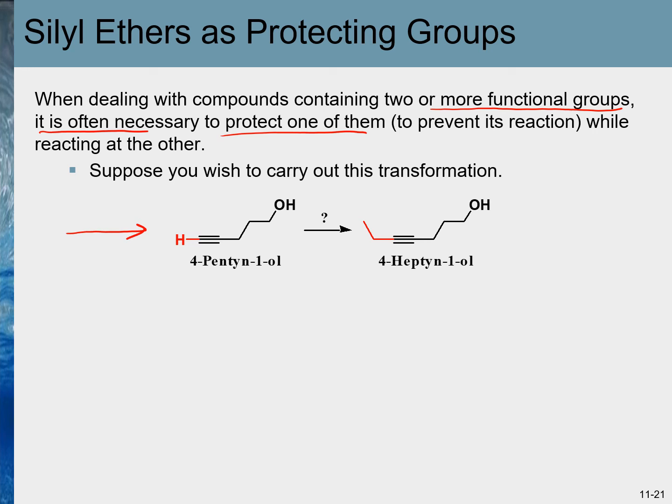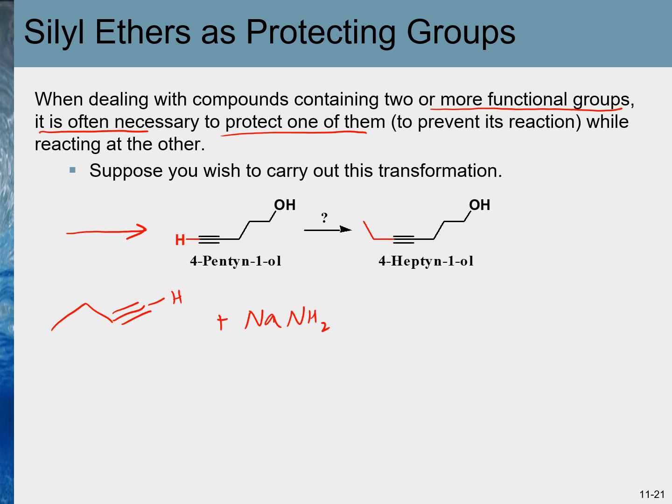Now, this reaction is similar to the reaction which we studied in the chapter on alkynes. In chapter 7, we learned that terminal alkynes are acidic, and the proton from this terminal alkyne can be easily removed by a strong base such as amide.